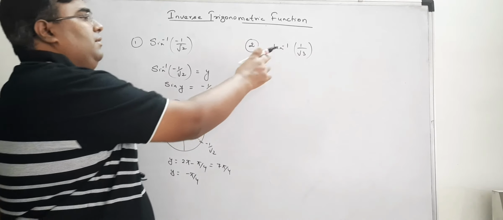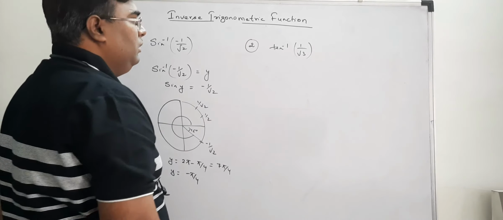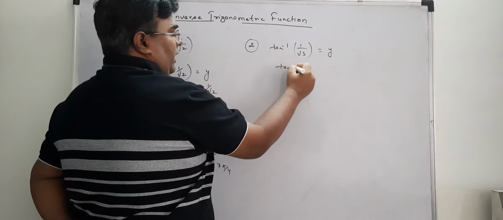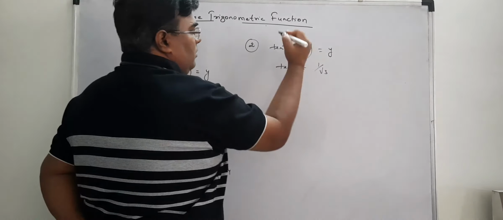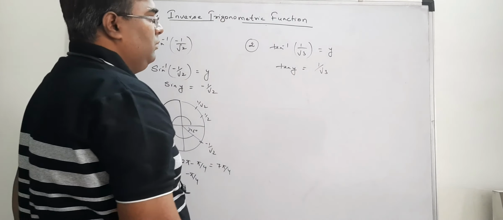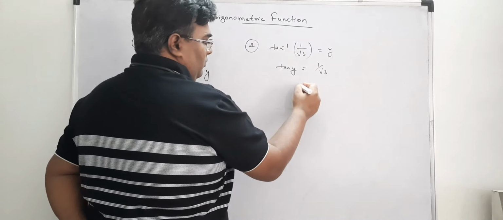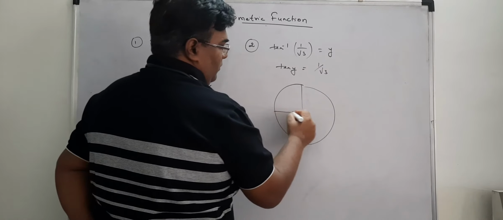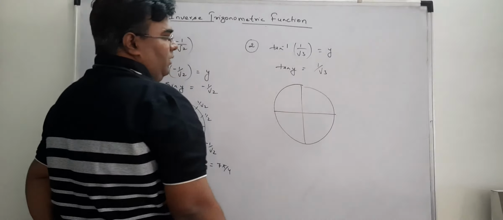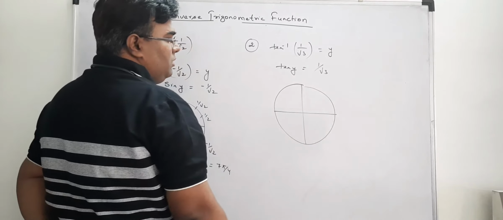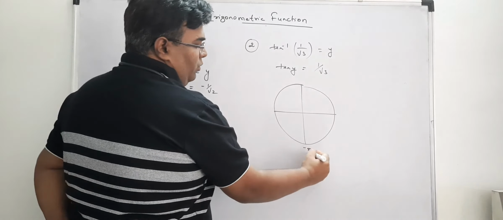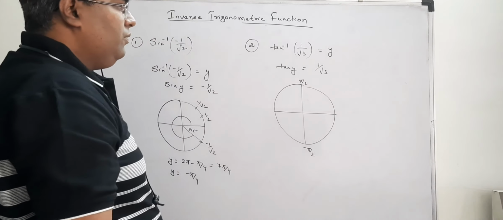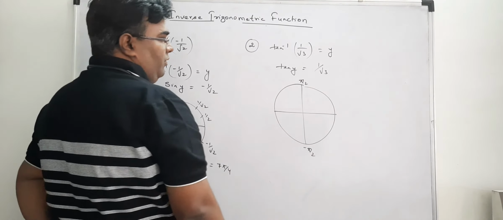Similarly, tan inverse of 1 by root 3 is equal to y, say. So tan y is equal to 1 by root 3. Now if we check the value, circle and graph, right? 1 by root 3 positive is here because we are taking minus pi by 2 to pi by 2, the range of the inverse function of tan.